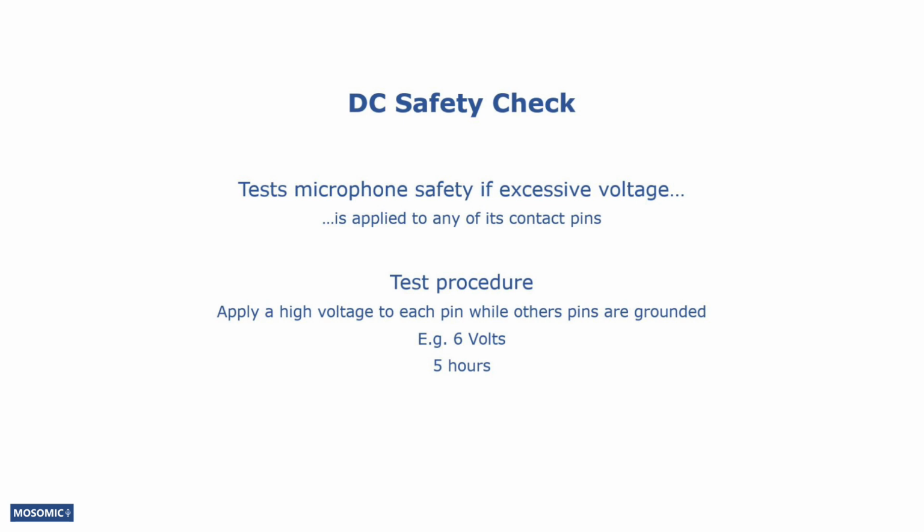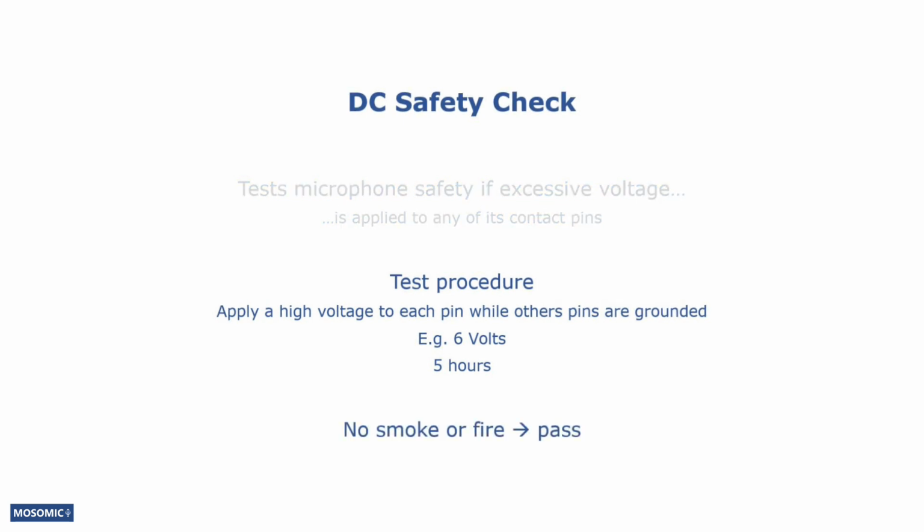For MEMS microphones, the DC safety test voltage can be, for example, 6 volts. The microphone passes the test if smoke or fire don't occur during a 5-hour exposure. For safety's sake, the power supply output impedance must be high enough, for example 500 milliohms, and the current should be limited to, for example, 5 amperes.